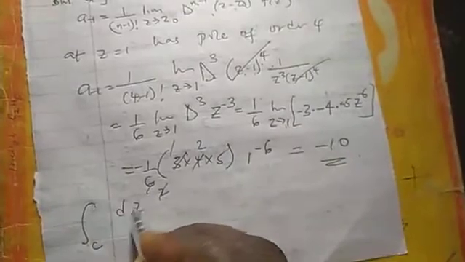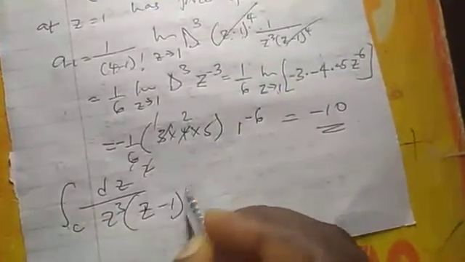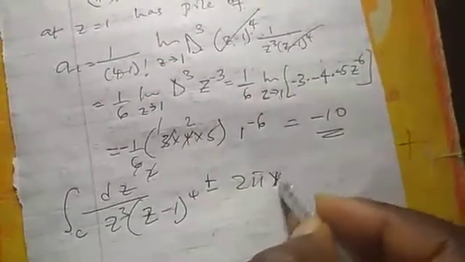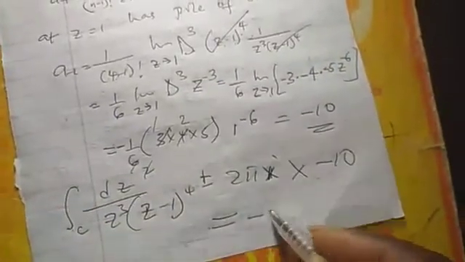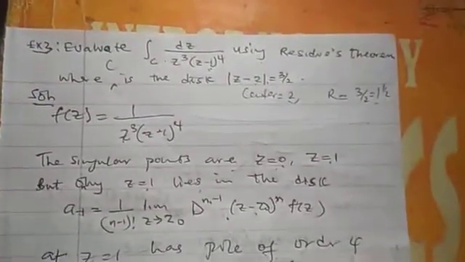So the required integration will be 2 pi i times the residue. If there are more than one, we say times the sum of the residues. So that is minus 20 pi i. That is the solution of this integration.